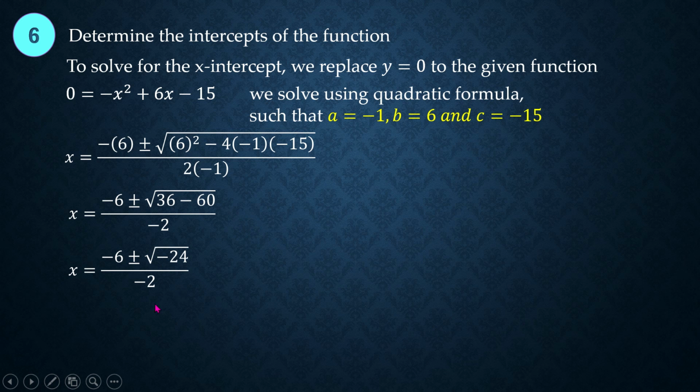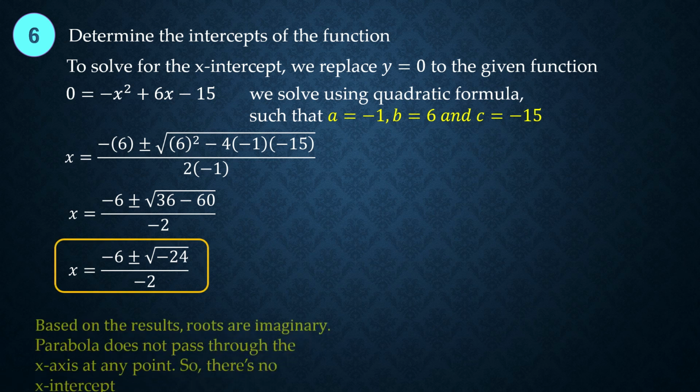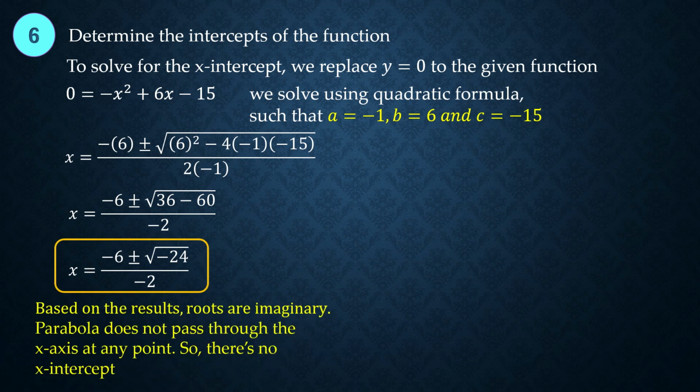Once the number inside the radical symbol, or the radicand, or the discriminant from the previous topic in module number 2, is negative, we stop the solution. Based on the result, the roots are imaginary. The parabola does not pass through the x-axis at any point, so there is no x-intercept.